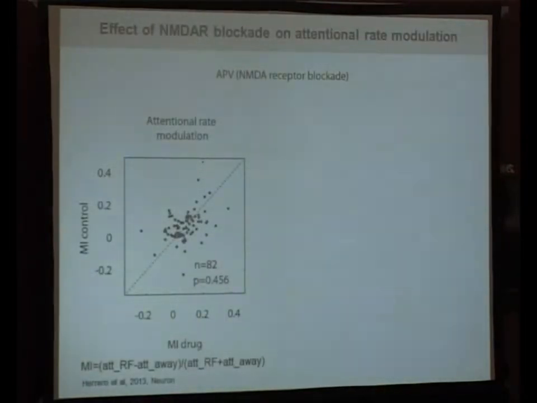And when we do that, then we calculate an attentional modulation index across our pool of neurons, then we see that basically the drug application, which is shown on this axis against the control condition, has no effect on attentional rate modulation whatsoever.